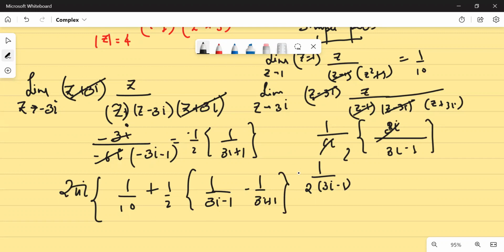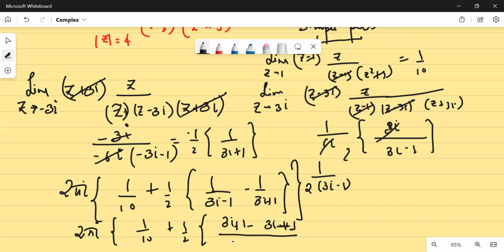So you will get 2 pi i times 1 upon 10 plus 1 upon 2 times (3i plus 1 minus 3i plus 1) upon (3i squared is minus 9, and minus 1). The 3i gets cancelled, 2 gets cancelled with 2. This is minus 1 upon 10, this is plus 1 upon 10. The answer would be 0. Okay, this is clear.